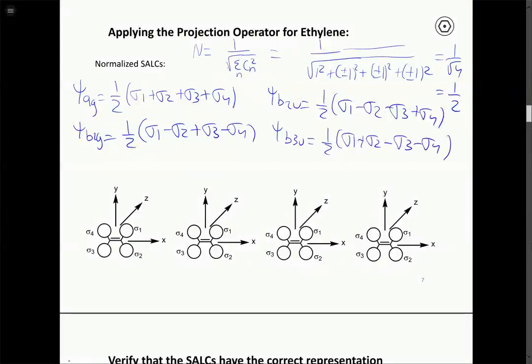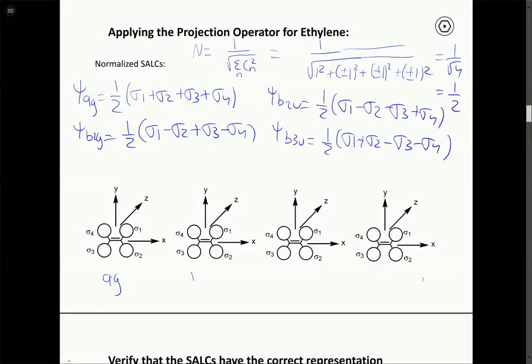Okay, so if we want to draw out depictions of these, remember we use different colors, different phases to indicate whether it's added or subtracted in the SALC, whether it's in phase or out of phase. So the AG is totally symmetric, so it's going to look just like this, all of them in the same phase.